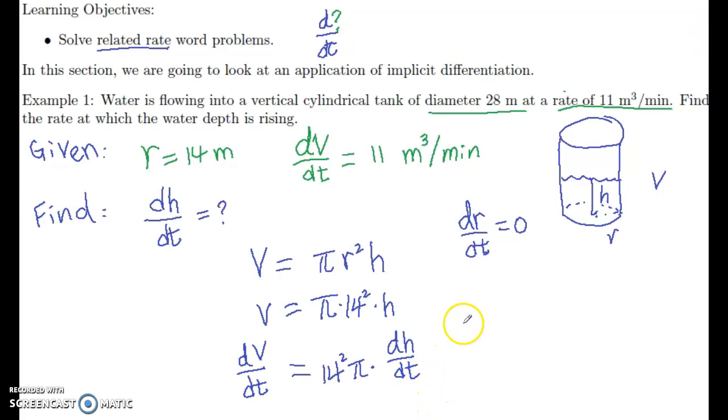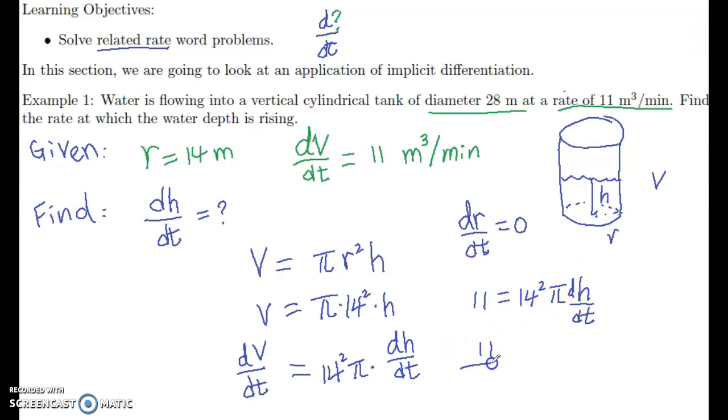Then in this case, we can solve for dh over dt because we do know dV over dt is 11. So the equation right now is 11 equals 14 squared pi times dh over dt. How do we solve for dh over dt? We divide both sides by 14 squared pi.